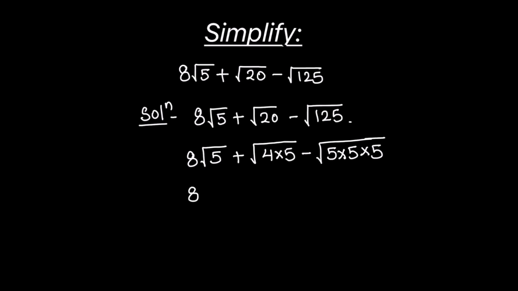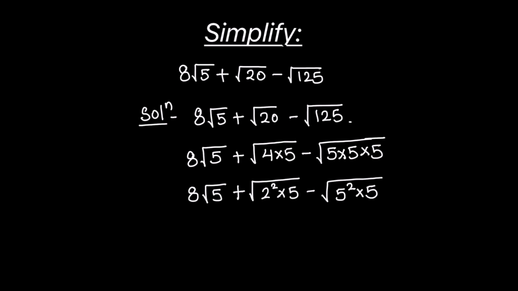Now next step is to write 8 square root of 5 plus 4, which we can write in terms of square, which is 2 square times 5, minus, here 125 we can write as 5 square times 5, because there are two 5s. We can even write it as 5 cube.